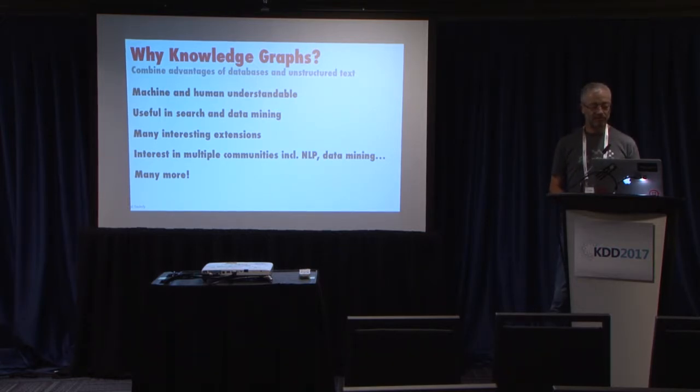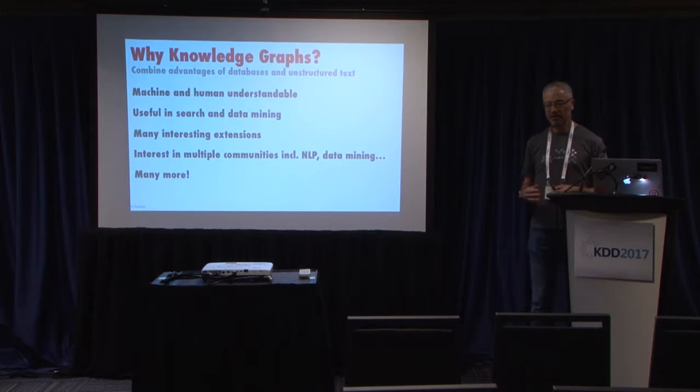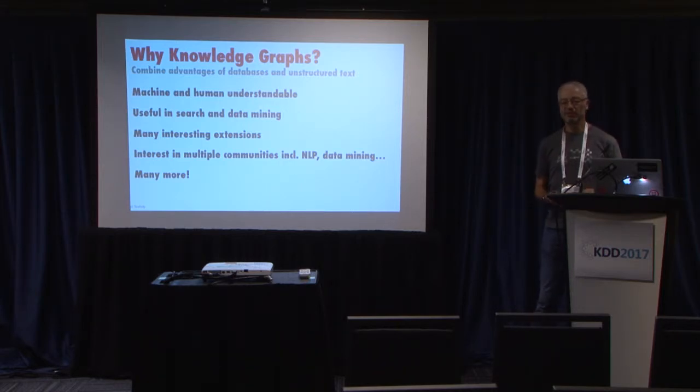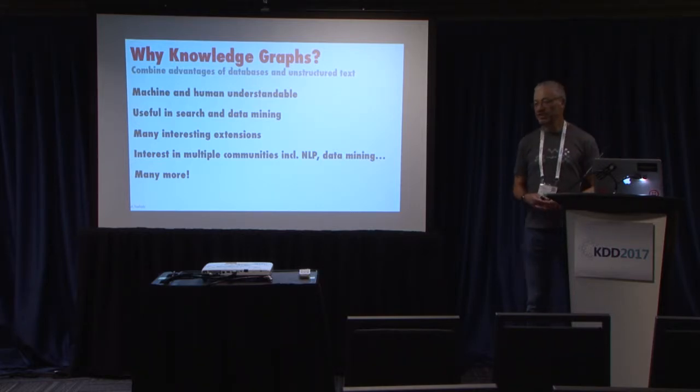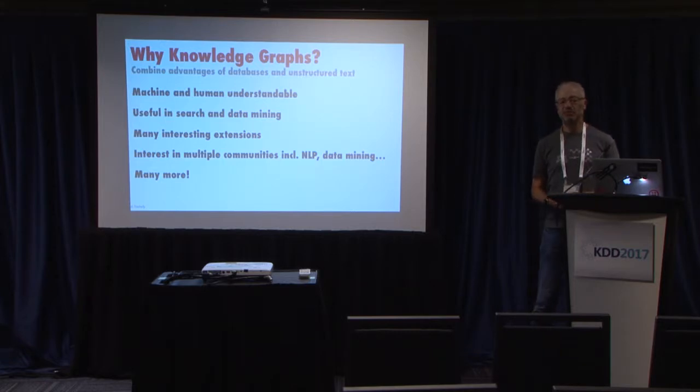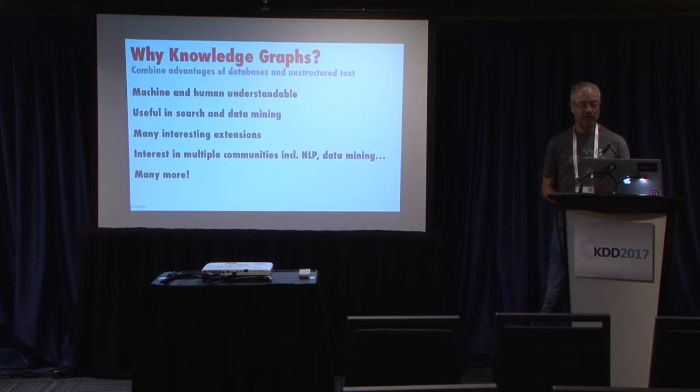They are very useful in search and data mining. People have been extending them in all kinds of interesting ways to do all kinds of interesting analytics and work. And it's actually fairly broadly used in many communities: natural language is building some kind of knowledge graph, data mining, all the network analysis, semantic web.